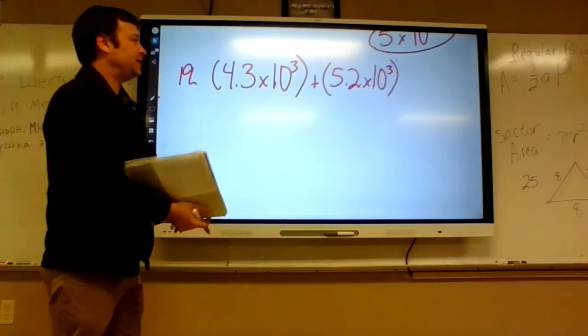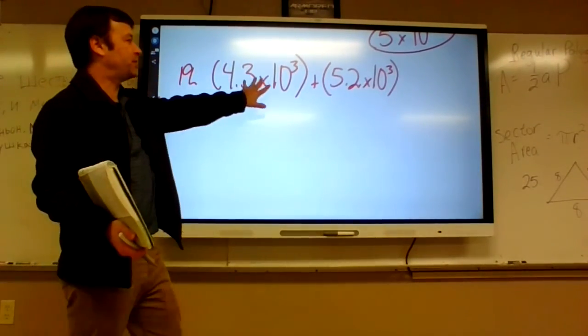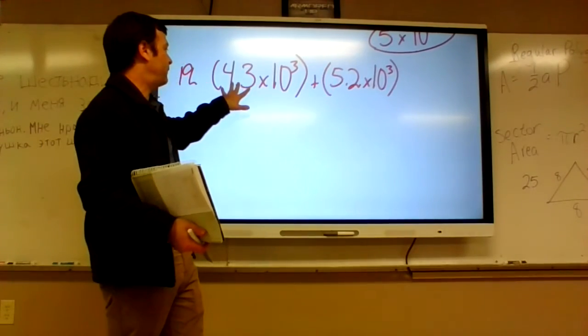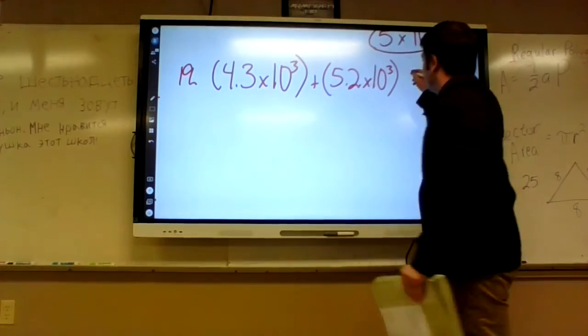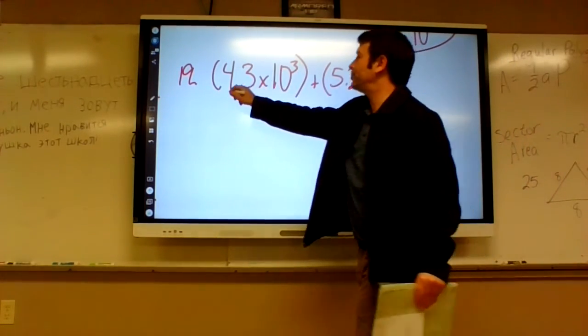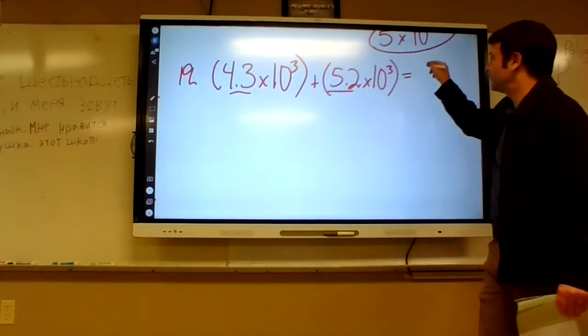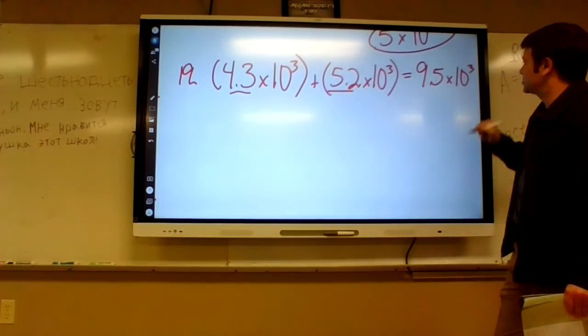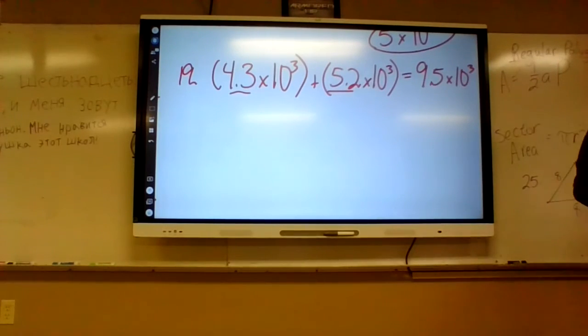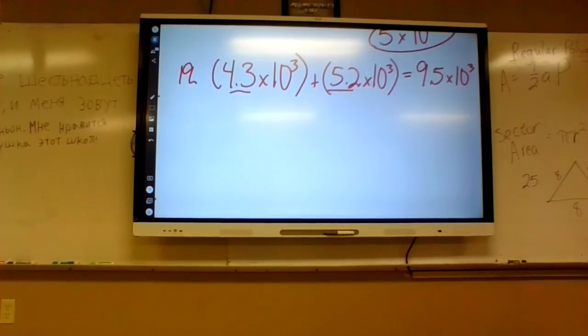But basically, because these are both 10 to the 3rds, we have 4.3 of them plus 5.2 of them, and we can add those together. 4.3 plus 5.2 is 9.5 of those. When you add and subtract like terms, you do not change the exponents.